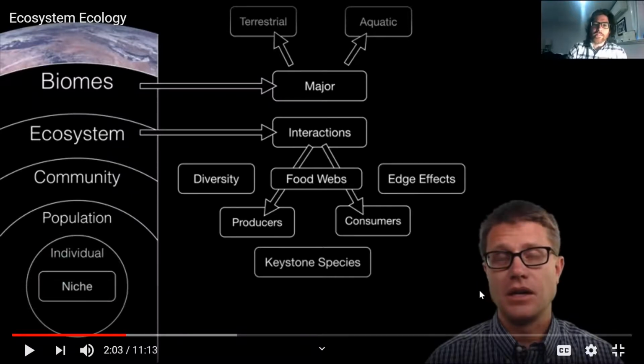Okay, so this is just a diagram for you guys to think about how these concepts fit together. And we're not going to get into edge effects.